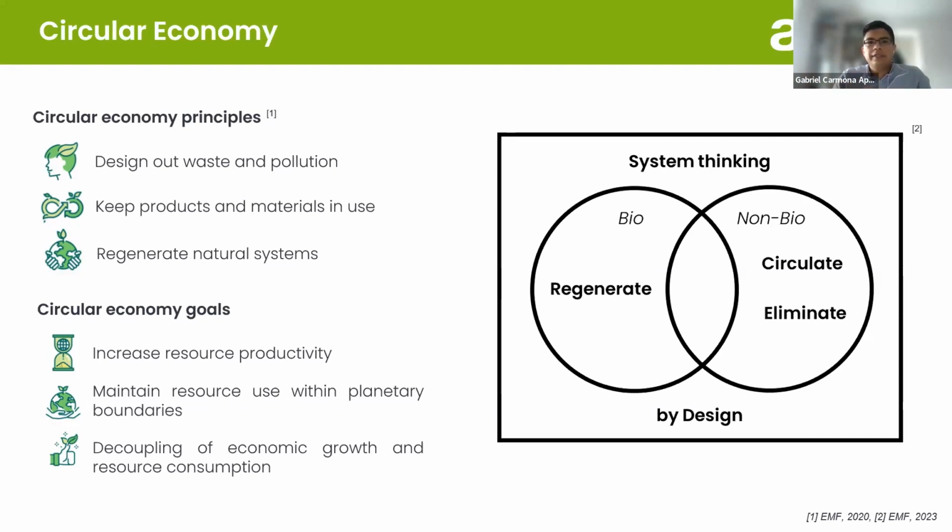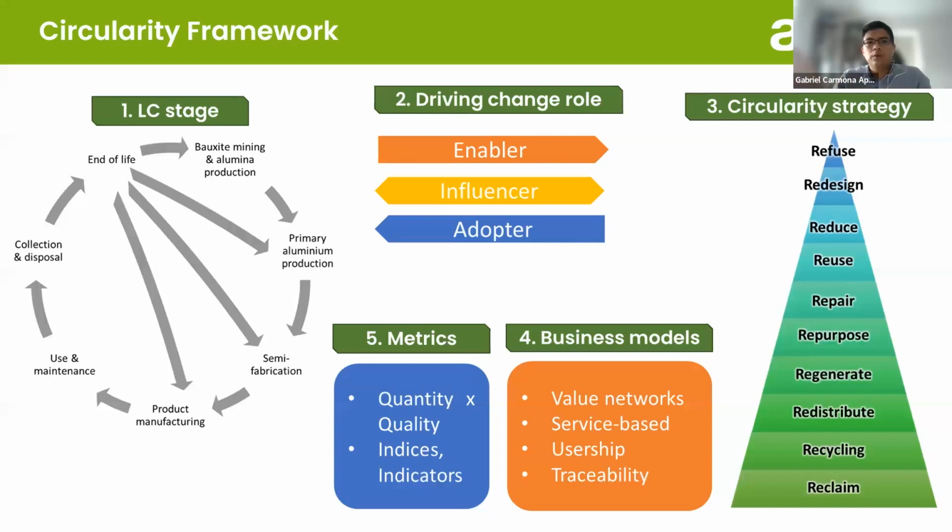And that's why I want to present you with this framework, which includes 5 components. And that's the framework that ASI is at the moment thinking and adopting for the circular economy priority. So we have 5 components starting from the life cycle stage, where we have different actors. Those actors have different roles.